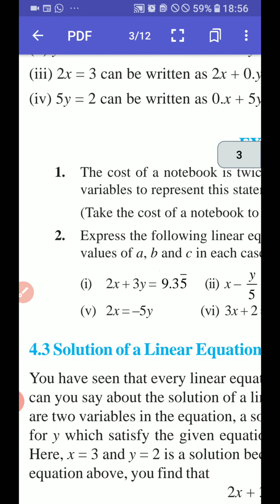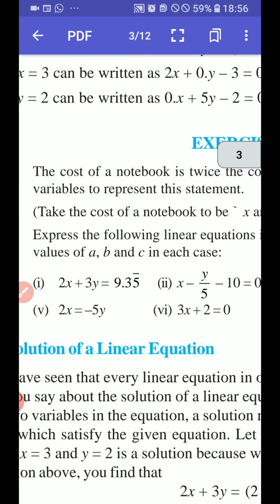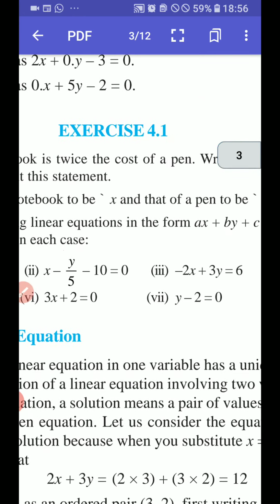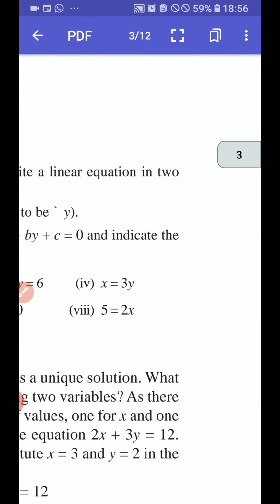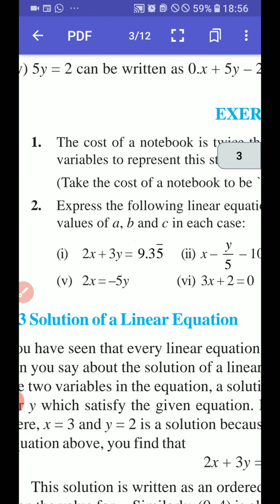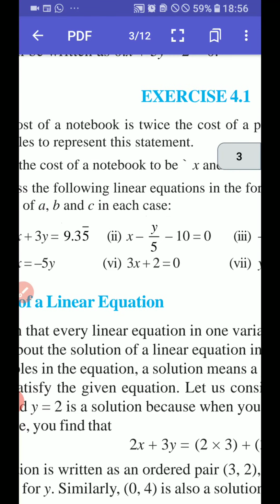Exercise 4.1. The cost of a notebook is twice the cost of a pen. Write the linear equation in two variables to represent this statement.